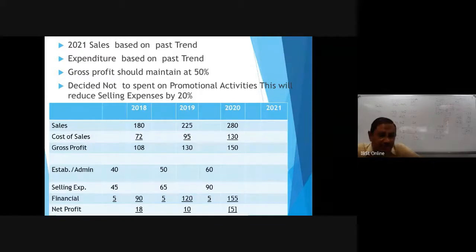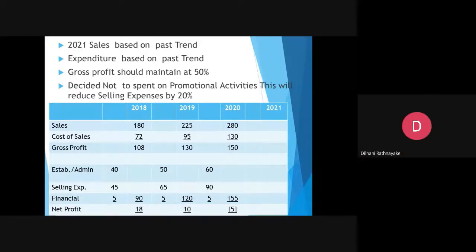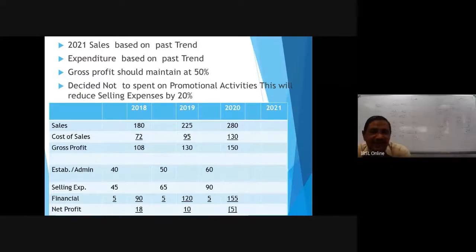Next method is, okay, now with me. The third method of working projections is the strategical approach. We call it the strategical approach.